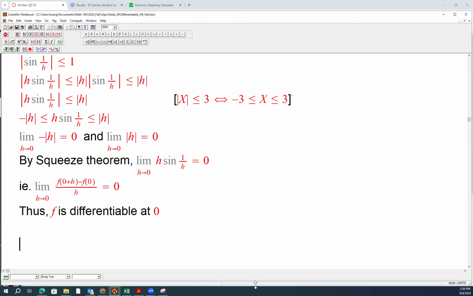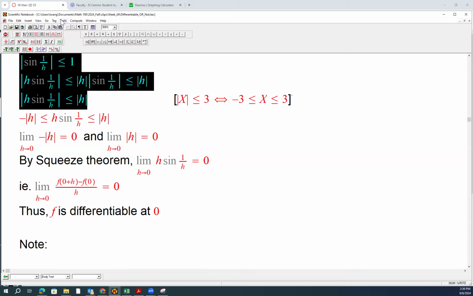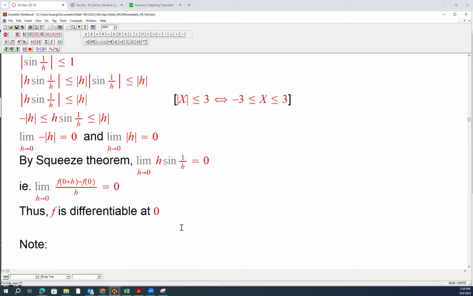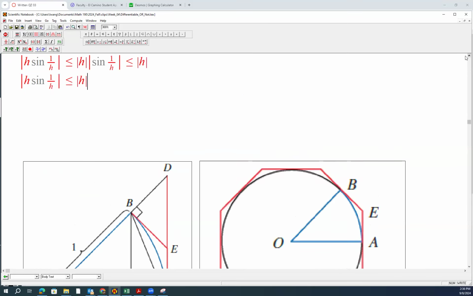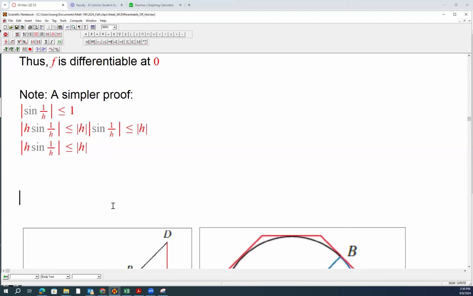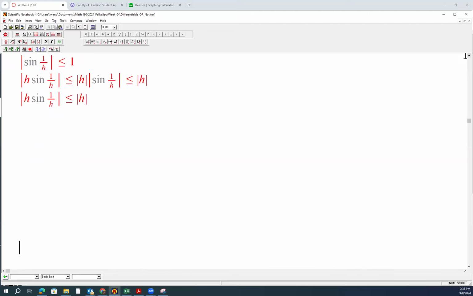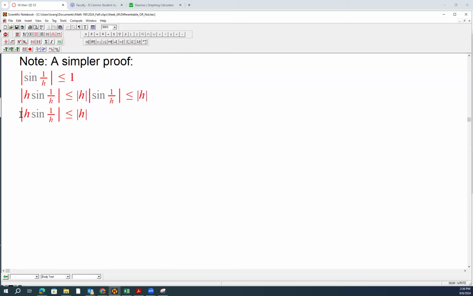I promise you, I'm going to show you a simpler proof. The simpler proof actually starts from here. Also, because this piece is an absolute value, naturally it is greater than or equal to 0.